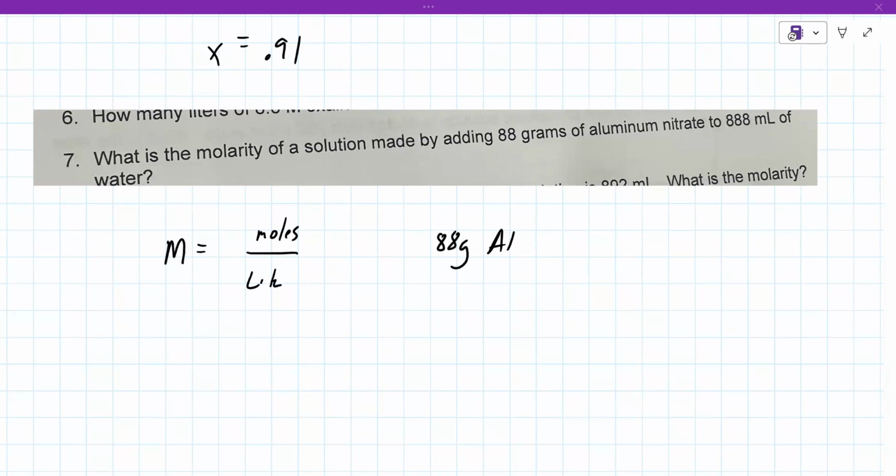I'm using the internet for the formula, because we want to convert to the molar mass, grams per mole.